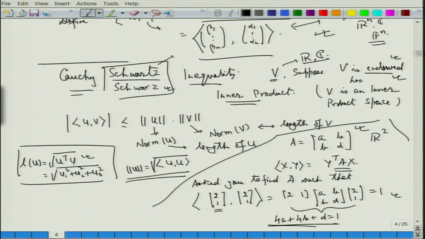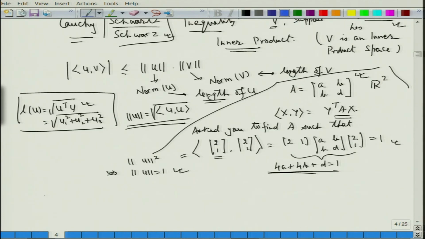So we are saying that this is nothing but norm of u squared, and since norm of u squared is 1 and norm of u is a positive number, the length, and length is always a positive quantity and is 0 only when it is 0, you can see that norm of u will also be 1. Fine. So let me write it.